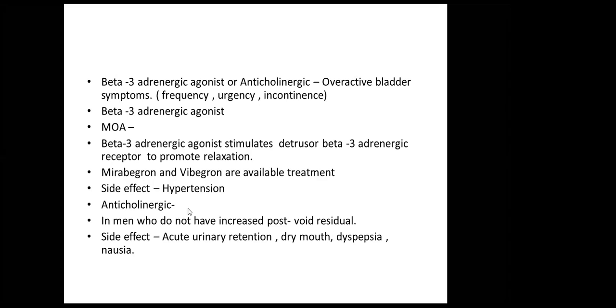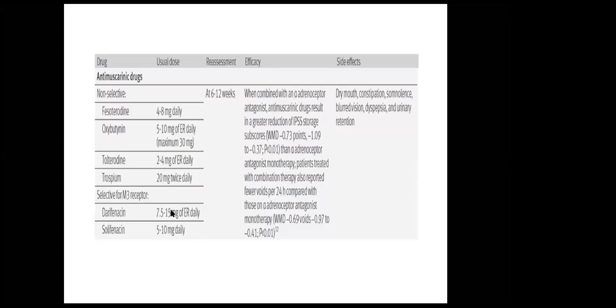Next, it is anticholinergic. It is indicated in men who do not have increased post-void residual urine. Side effects such as acute urinary retention, dry mouth, dyspepsia, and nausea can be experienced with prescribing these drugs. This table shows the first generation and second generation anti-muscarinic agents.